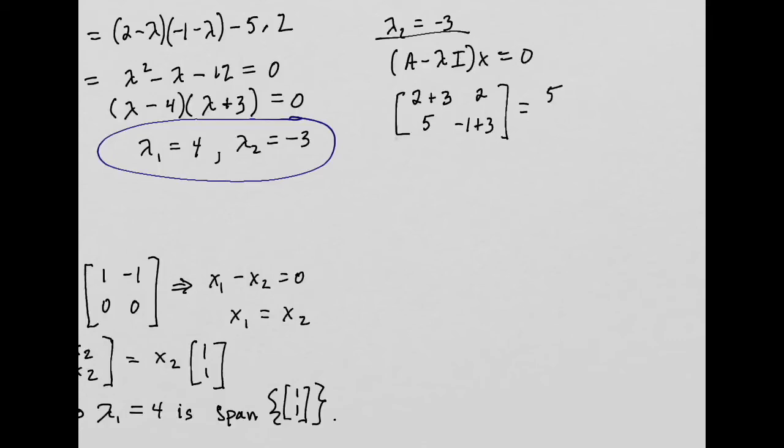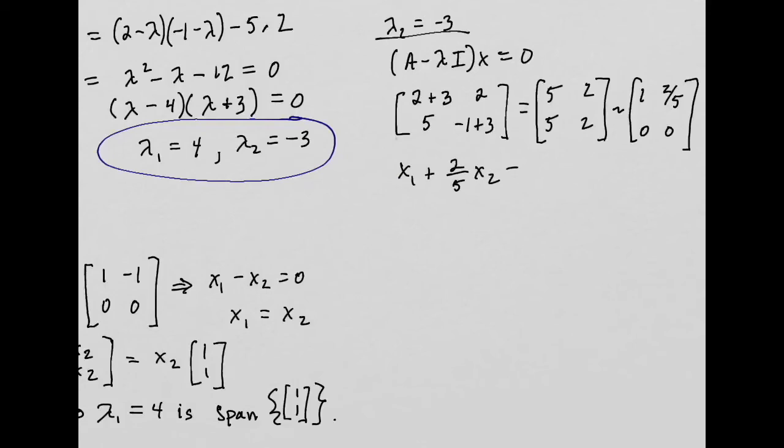So we get 5, 5, 2, 2. And that will row reduce to 1, 2/5, 0, 0. So we have x1 plus 2/5 x2 equals 0, or x1 is minus 2/5 x2.